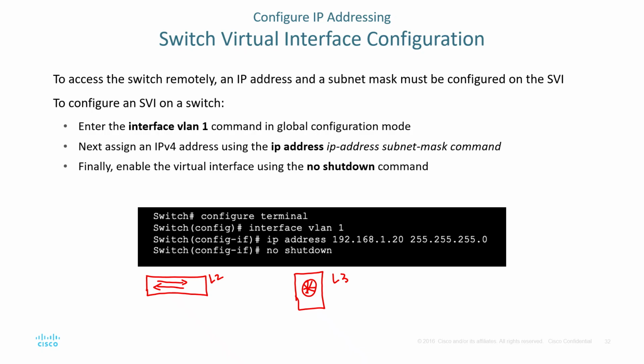A layer 2 by default is unmanaged. Meaning, it is just working as a one-to-many connection device.